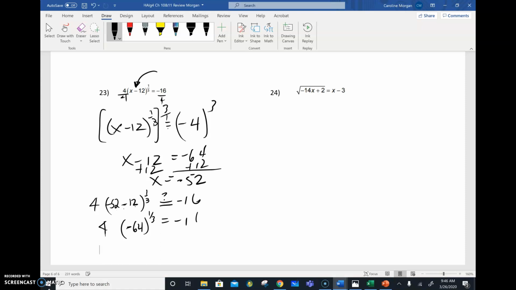Does that equal -16? All right, -52 minus 12 is -64. The cube root of -64 is -4, and 4 times -4 is -16, so it works, right?